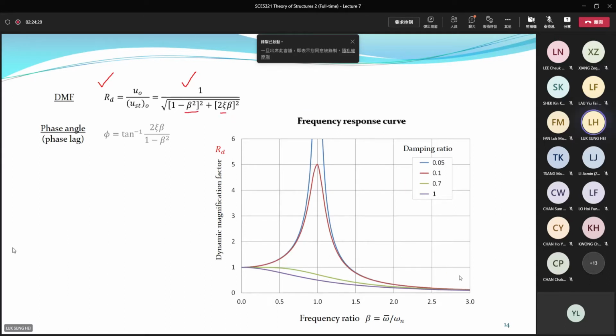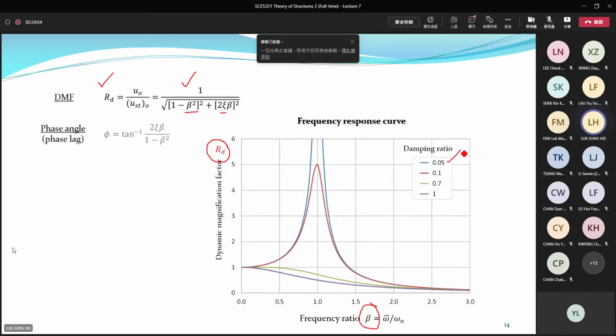On the right-hand side, I plot a graph to describe the relationship between RD and frequency ratio, beta. This graph is very, very useful to let you understand the response of a single degree of freedom system under harmonic loading. How? I use the blue line as example.